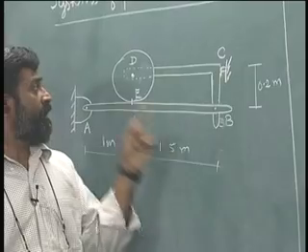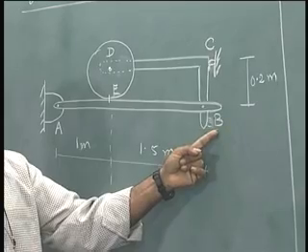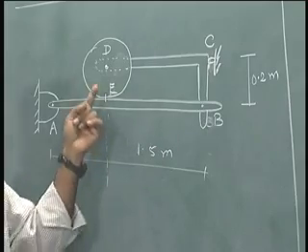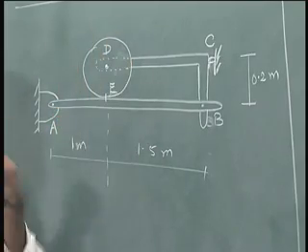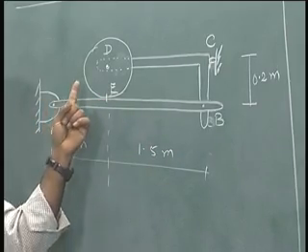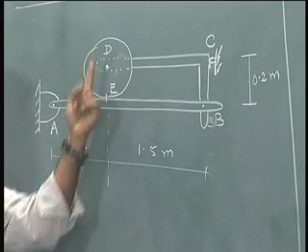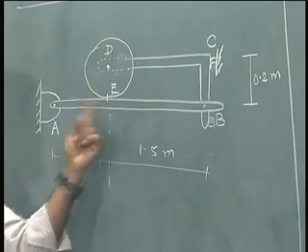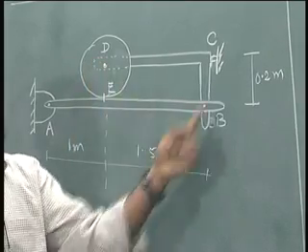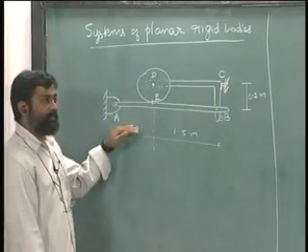It is pinned to a body which is L in shape, BCD, pinned to AB at B, and it is pinned to a wheel which is resting on AEB at E, and this wheel is just standing at E. Now this BCD is prevented from moving at C, and this is the problem.